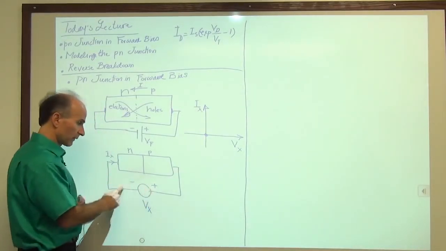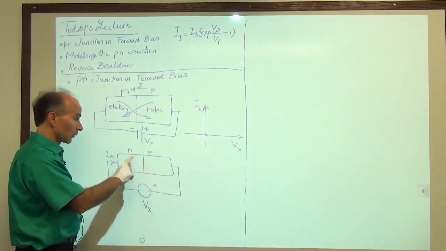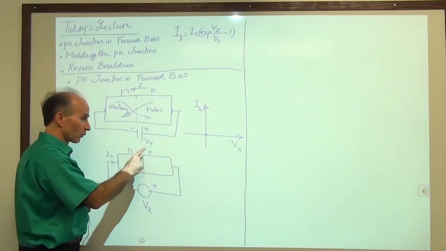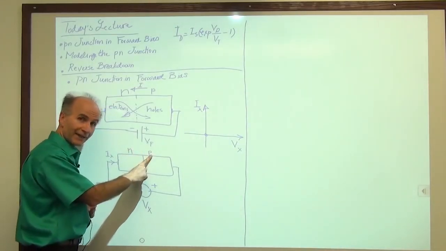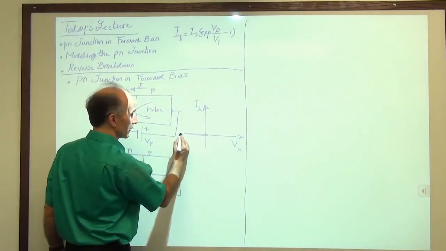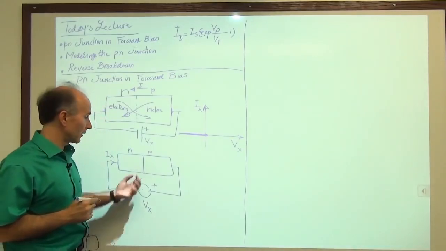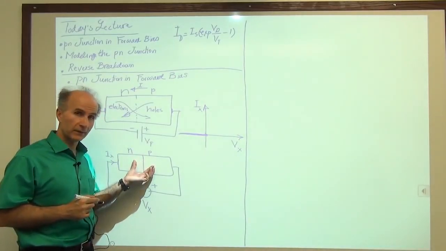Yeah, sorry, this side is more positive than this side if Vx is negative, which means this side wants to become more positive than this side, and that is reverse bias. So if Vx is negative, the current is very, very small. The only thing that really happens is that the depletion region becomes wider.